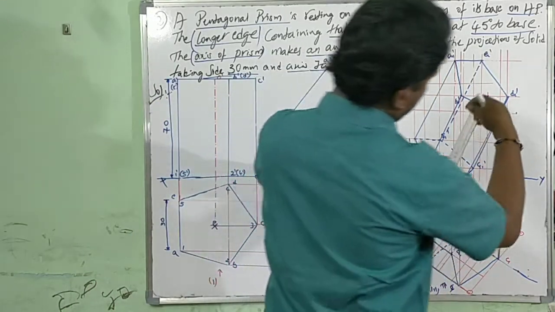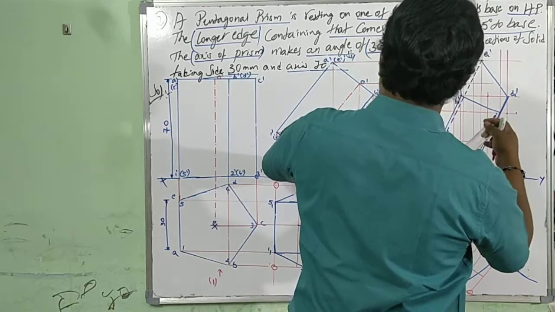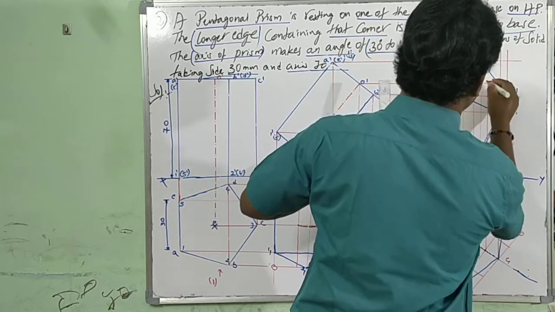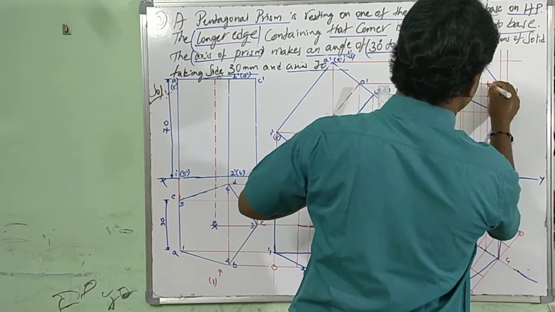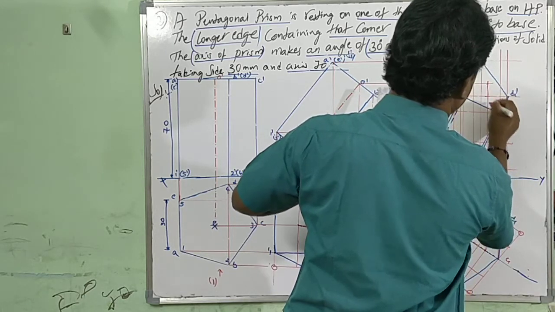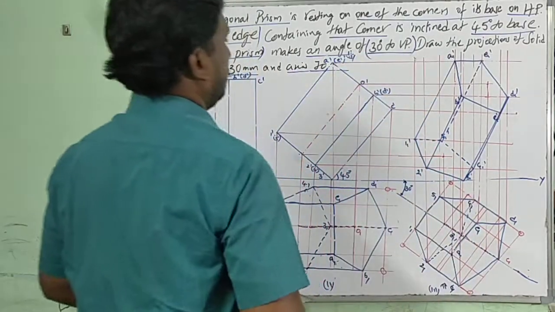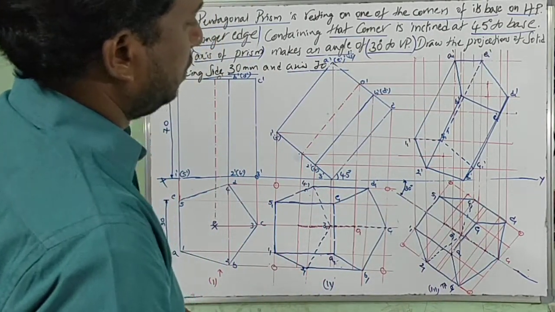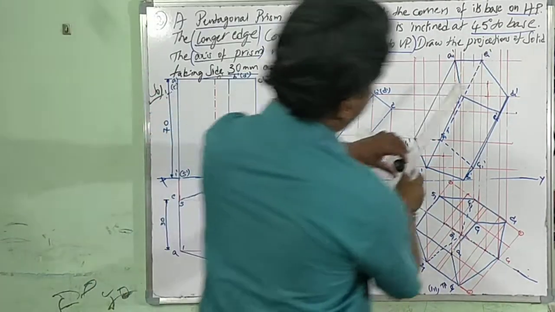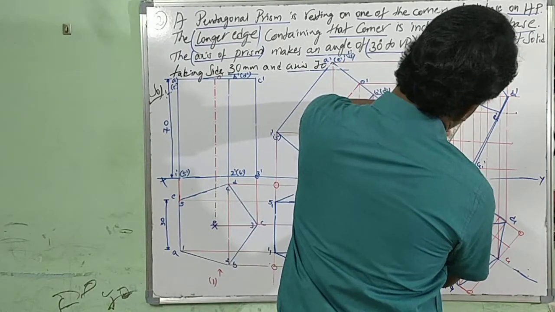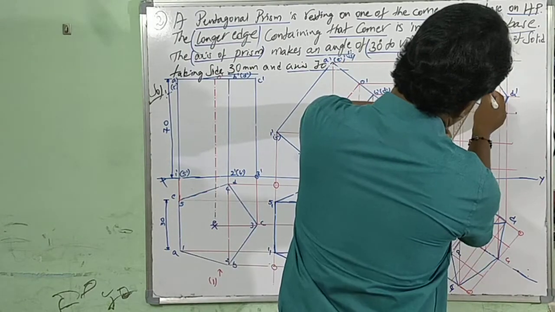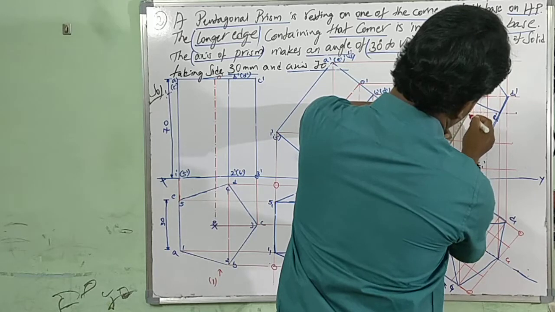Complete this axis line. Follow the procedures and draw the lines dash dot dash dot.